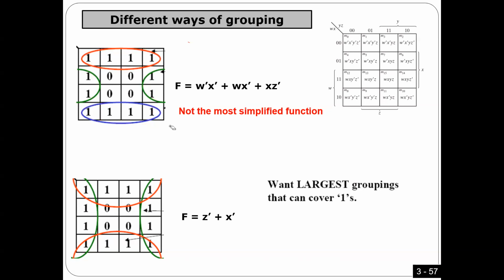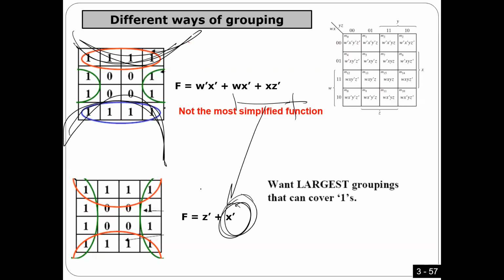If I take this 4 and this 4, making one group, I can reduce the number of terms. So I can reduce it to only one term, which is actually x prime. So I can take 2 terms and reduce them to only one term.